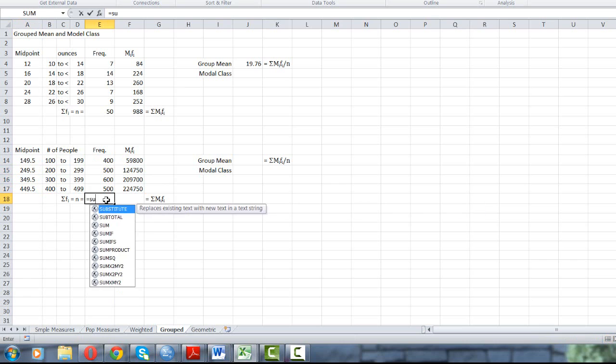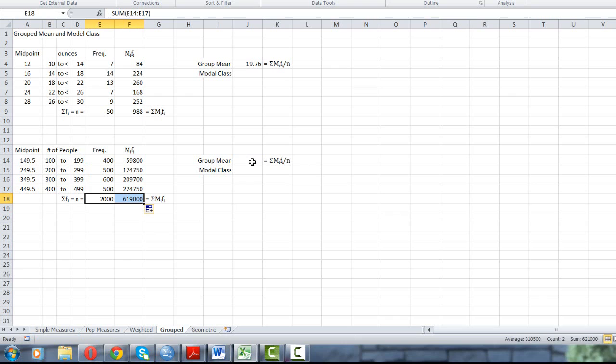Okay, and then sum, and the numerator divided by the denominator. So 309.5 is our estimated mean based on this distribution. So 309.5 people would be our average, our estimated average.